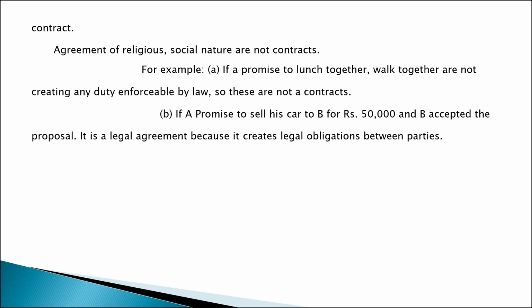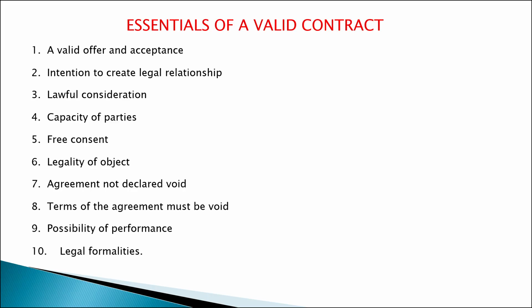So these are not contracts. At the same time, if A promises to sell his car to B for 50,000 rupees and B accepts the proposal, it is a legal agreement because it creates a legal obligation between the parties.